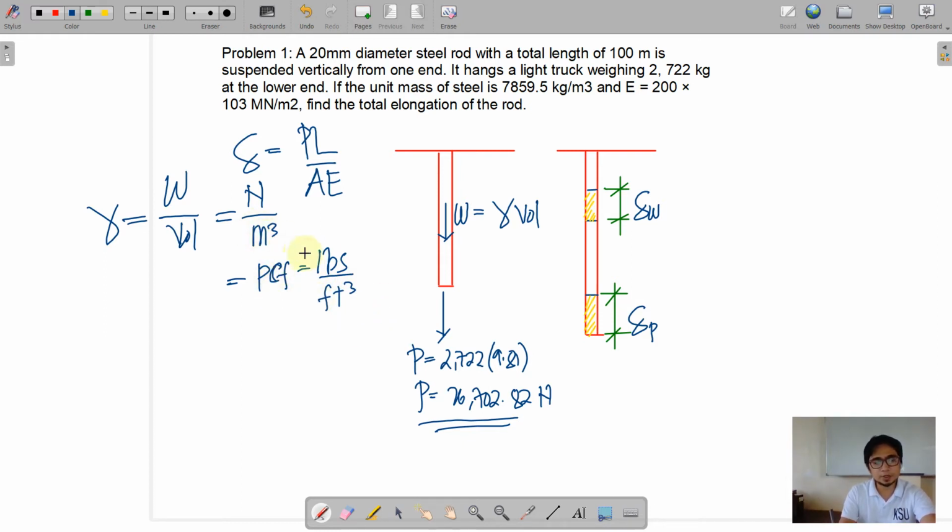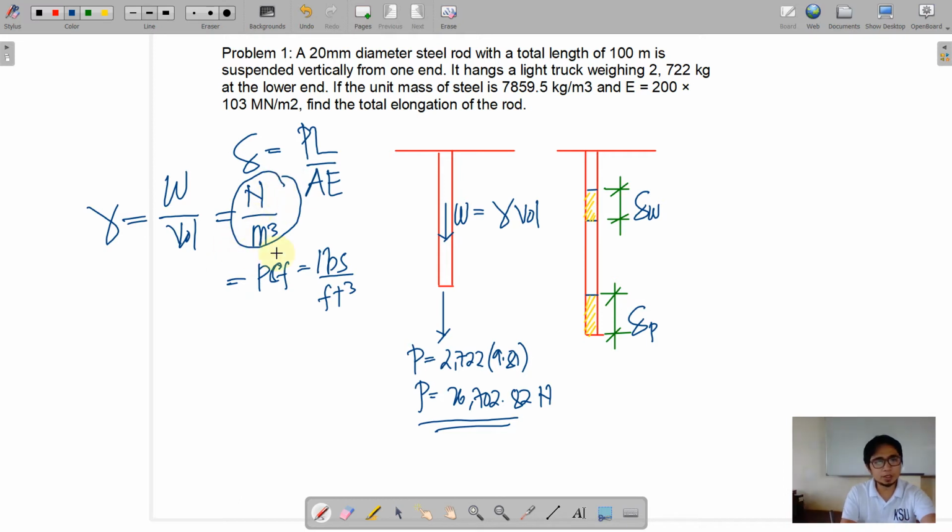So what is the use of this gamma? In every material, there will be values for gamma. Why do we need values for gamma? Because we are calculating the self-weight of every structural element in a structure.